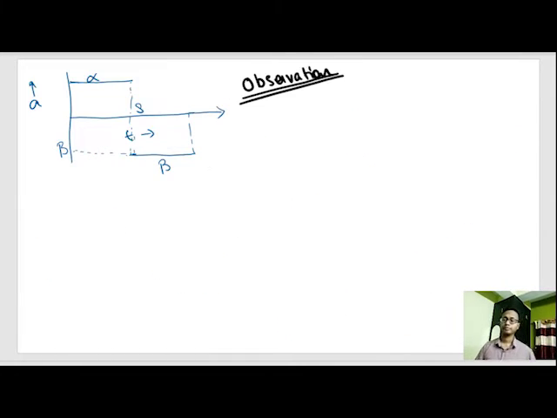The acceleration is constant till the value p, with positive alpha, and after time p, the acceleration changes its value to negative b.